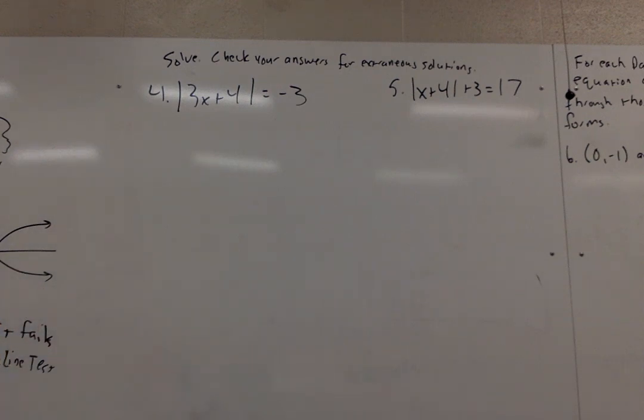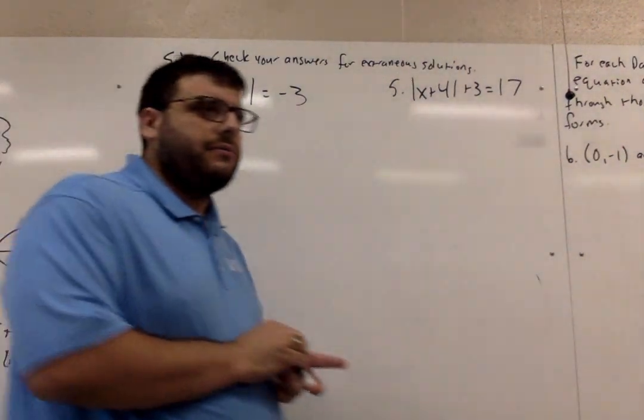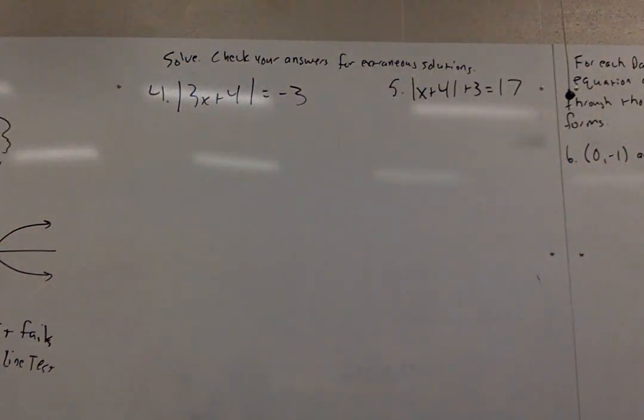When I look at that problem, what do I know about absolute value? What do we know about absolute value? Right, and so absolute value is the distance. The distance is a measure of the distance from one number to 0 on the number line. And distance is always what? Positive. Distance is always positive.